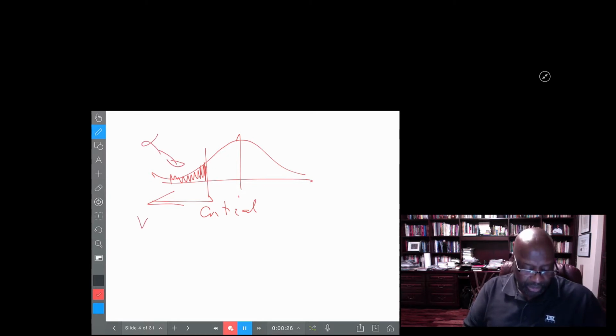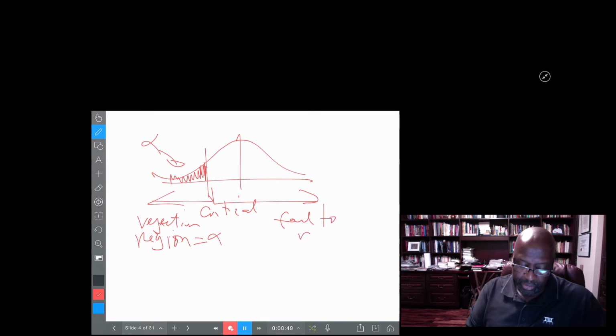So the rejection region, always remember, is always the size of alpha. So we reject H0 here, and here we fail to reject H0. Here we will reject H0.